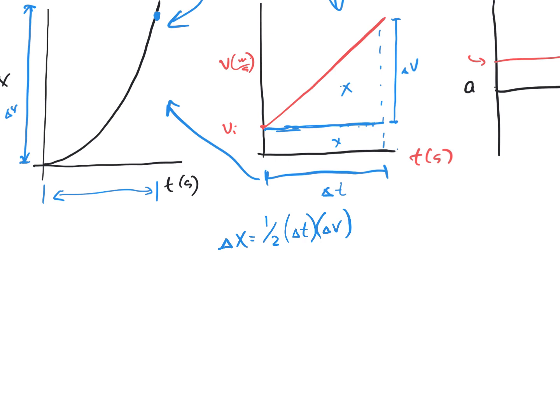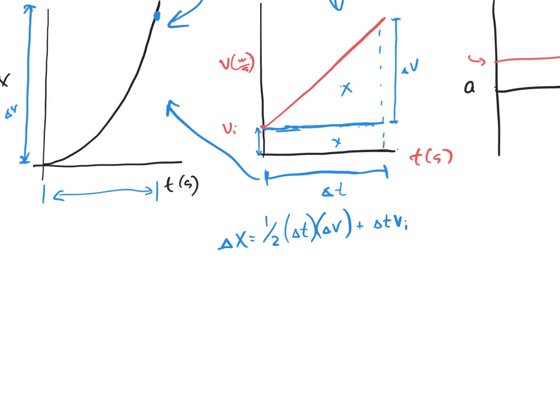Now that takes care of the triangle. Now the rectangle is just going to be length times width. So again, length is delta t, and width or height is going to be our initial velocity, v initial.